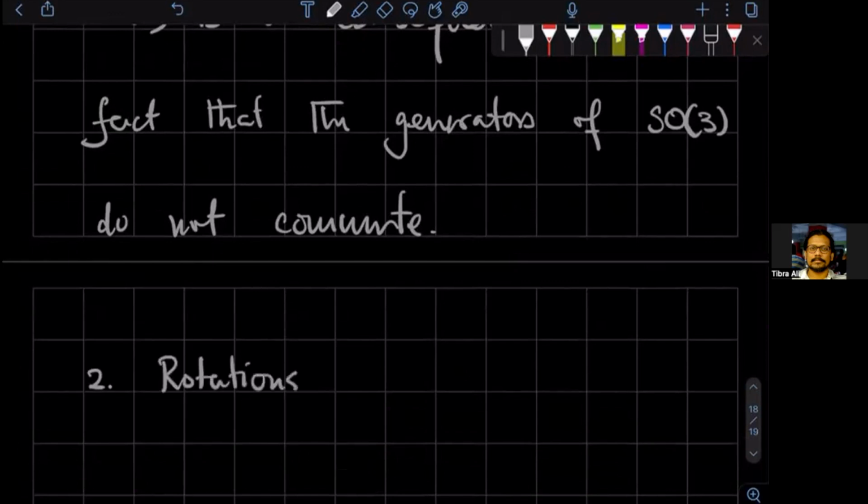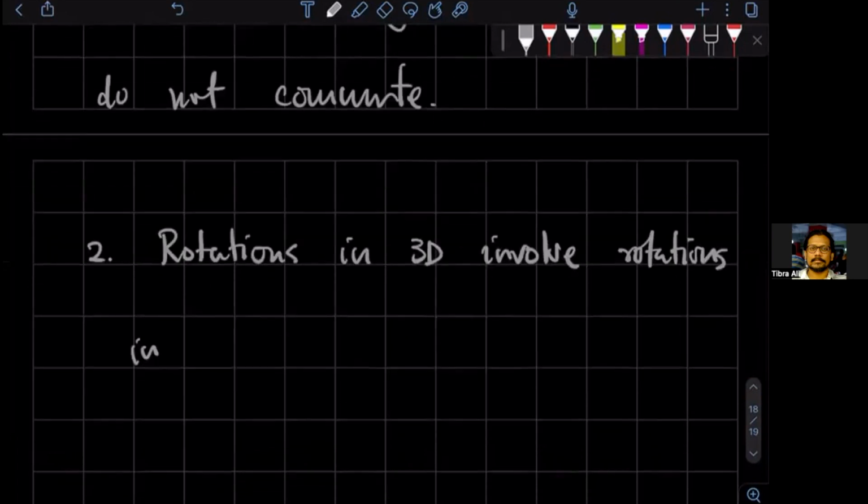so the rotations in 3D involve rotations in 3 independent 2D planes.